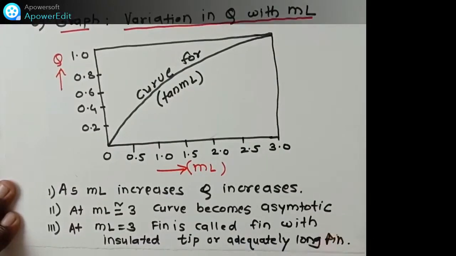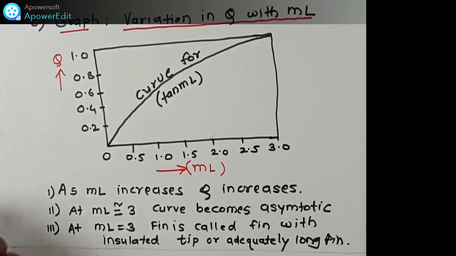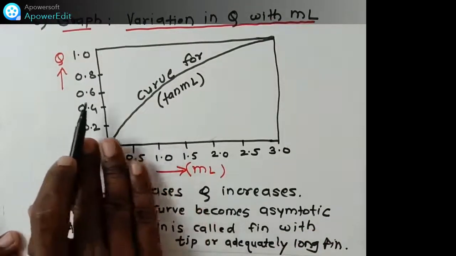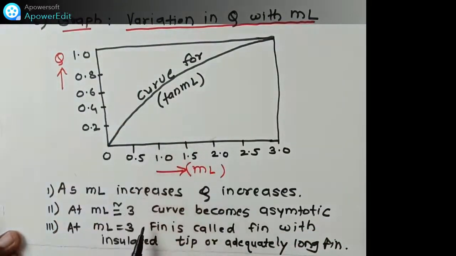Adequately long fin. So these are the three observations we have from this graph for the insulated long fin.